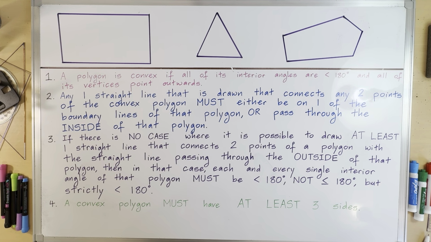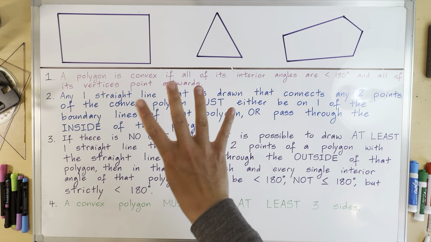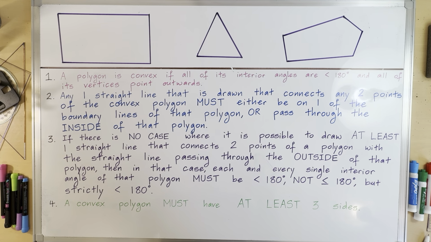All right, so now let us read each of these 4 statements slowly and carefully in order to understand what the concept is. So now, statement number 1. A polygon is convex if all of its interior angles are less than 180 degrees and all of its vertices point outwards.